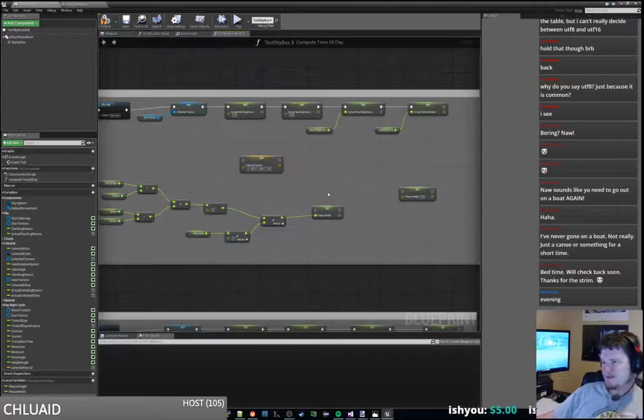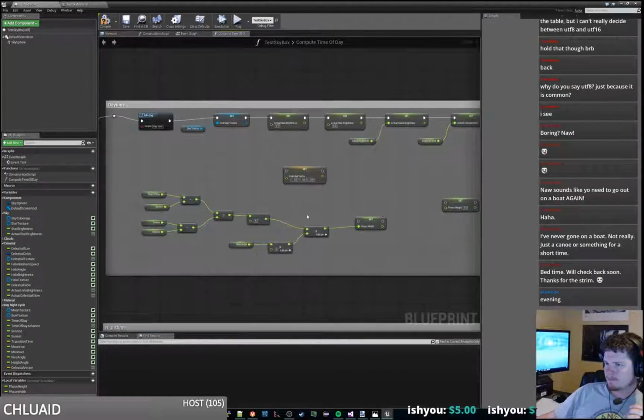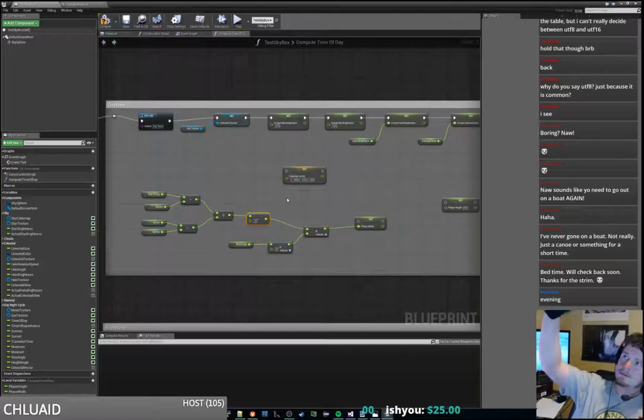And the phase height is going to go from, if this goes from 0 to 1 right here before this, we want it to go from 0 to 1 to 0.